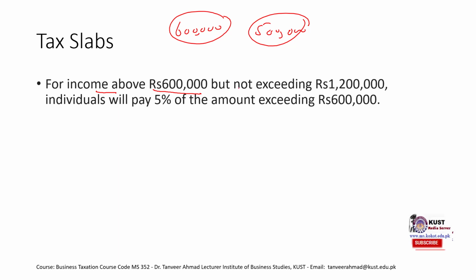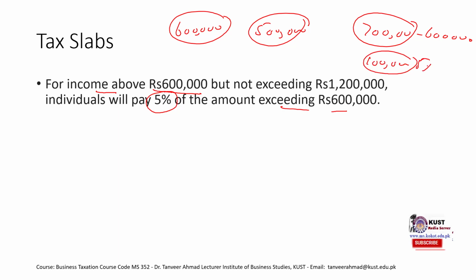So if any person is earning more than 6 lakh rupees per year, then there would be a 5% income tax applicable for the amount exceeding 6 lakh rupees. So if someone is earning 7 lakh rupees, then the tax would not be applicable on the whole 7 lakh rupees, but on any amount greater than 6 lakh rupees, that is 1 lakh rupees.